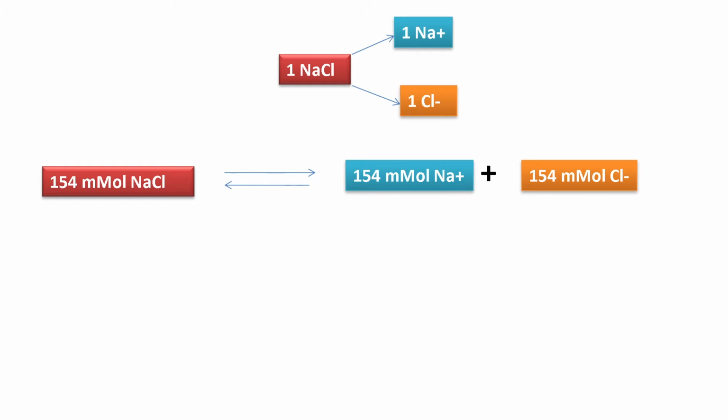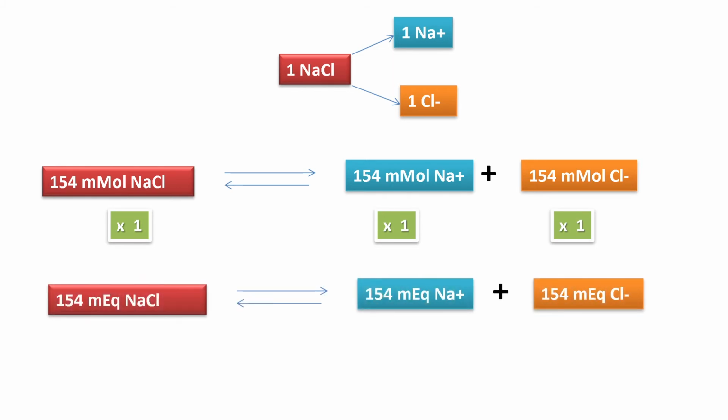Now, if we multiply the molar value with the valency of each, we get the equivalent value, that is the milliequivalent value in this case. Therefore, 154 milliequivalent of sodium chloride will split into 154 milliequivalents of sodium and 154 milliequivalents of chloride ions.